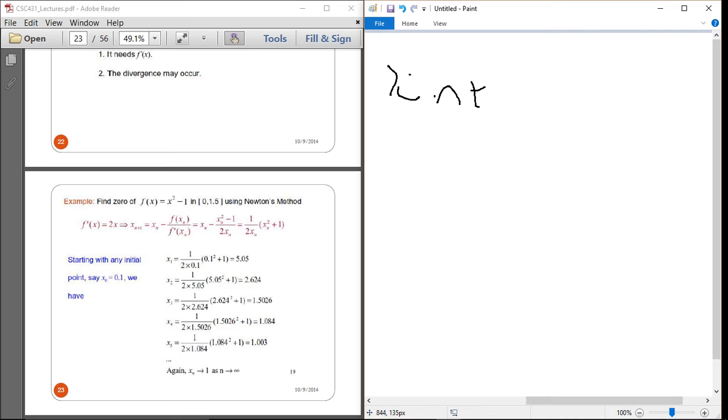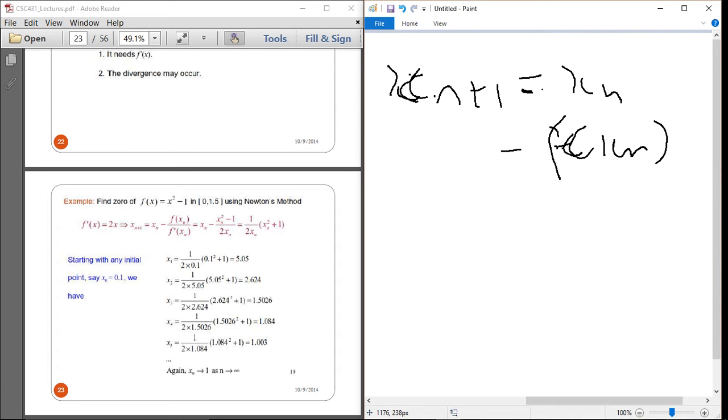x n plus 1 equals xn minus f of xn over f prime of xn. So now what is our f of xn here?